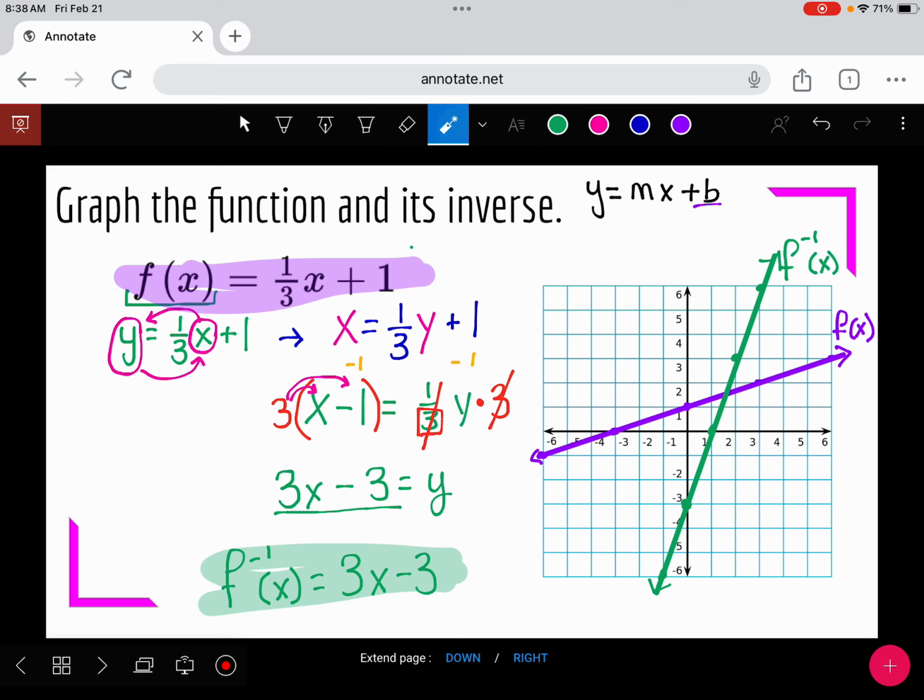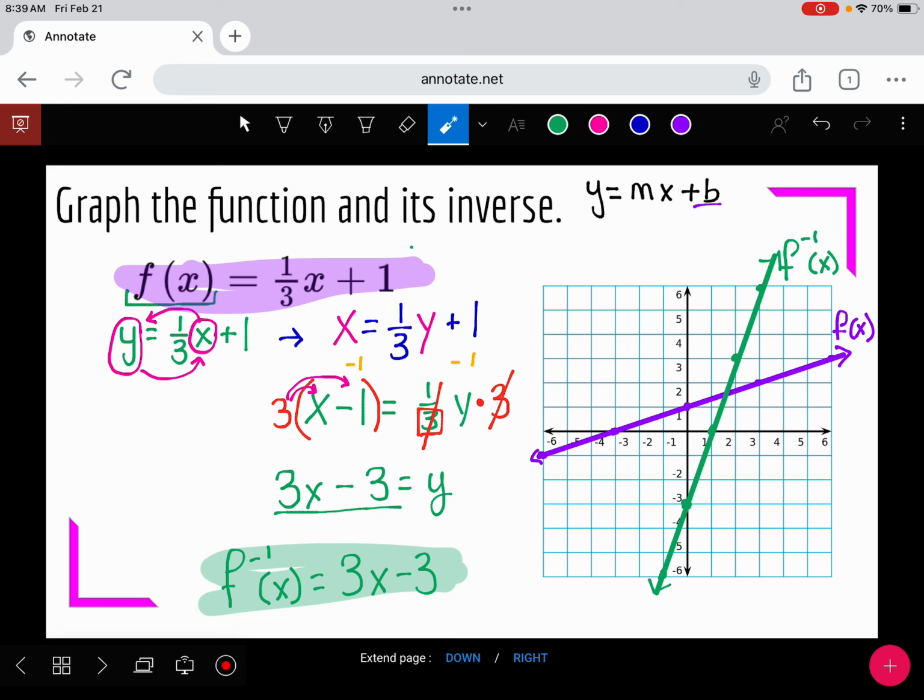Couple of things I want to show us about inverses and why we have you guys graph them on the same graph here is there's some really interesting things that are happening between our function and our inverse. Because what is our y-intercept on our initial function, on our f of x? What was our y-intercept on the purple line? 1. What is our x-intercept on the green line? 1.